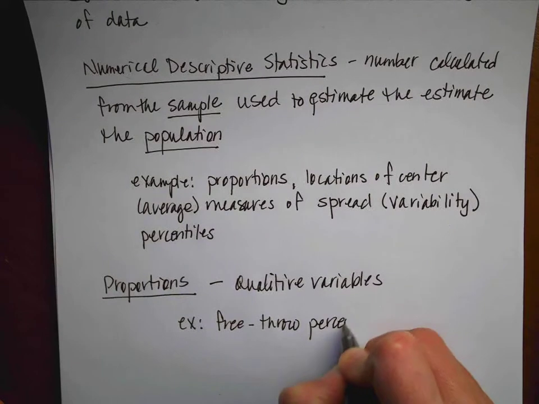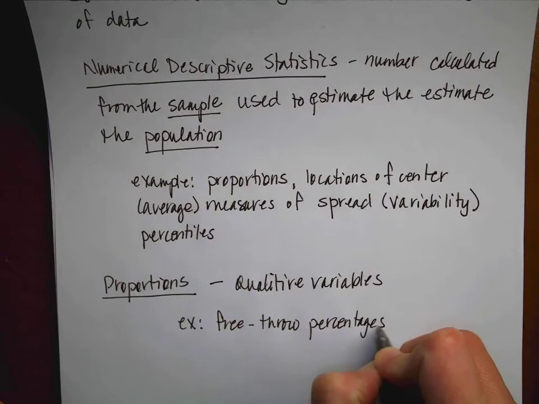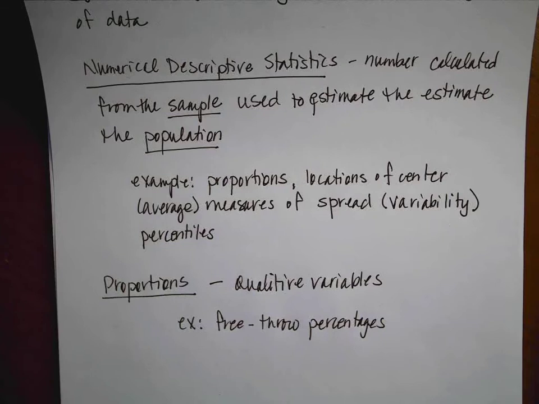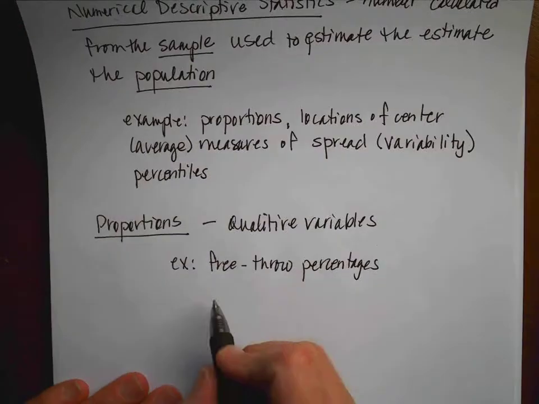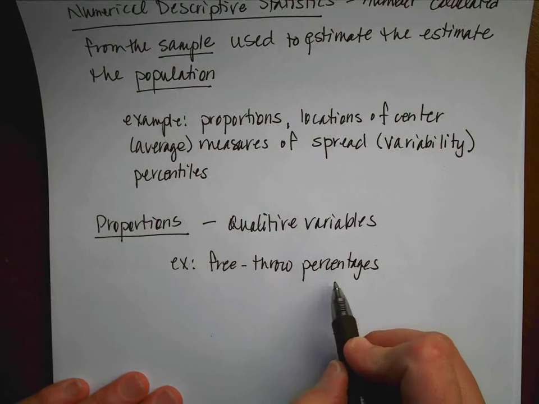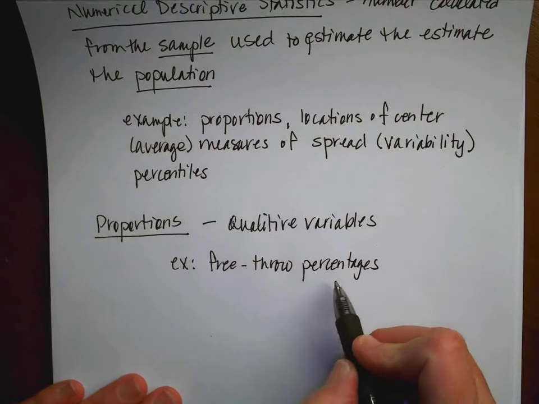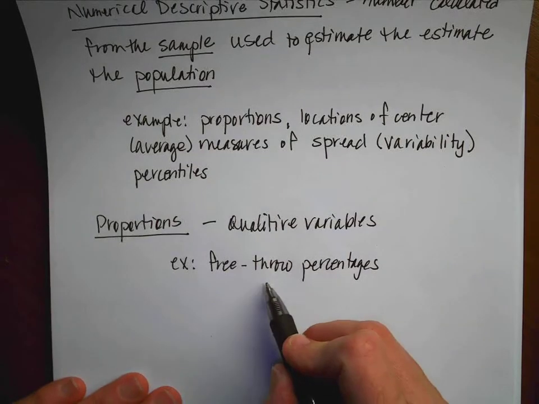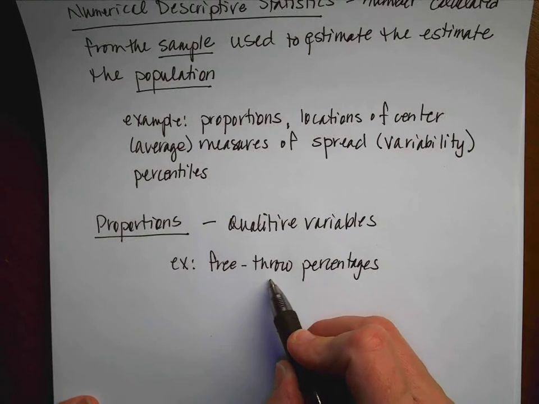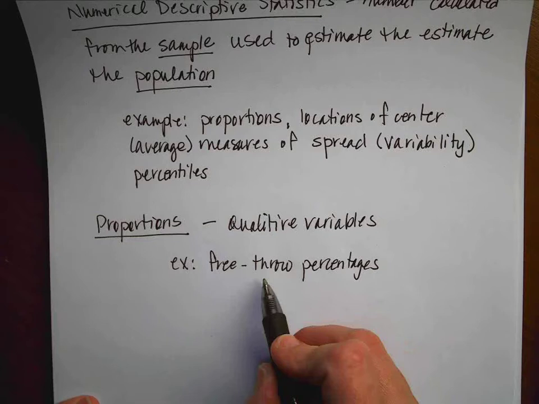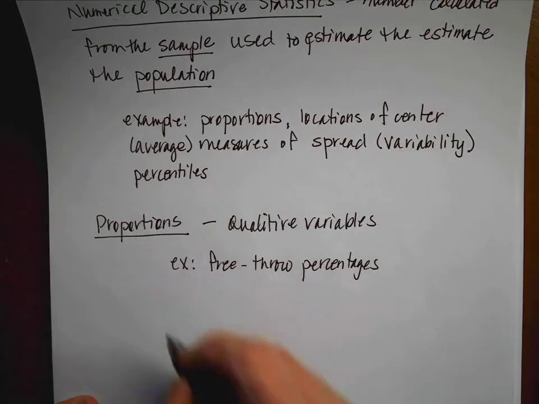And for those of you that are athletes, it's always interesting to think about what your percentages are, meaning that every time you walk up to the free throw line, what's going to be the likelihood that you're going to make that shot? And there's lots of things that can determine what might happen, but you work to get your percentages higher, okay?